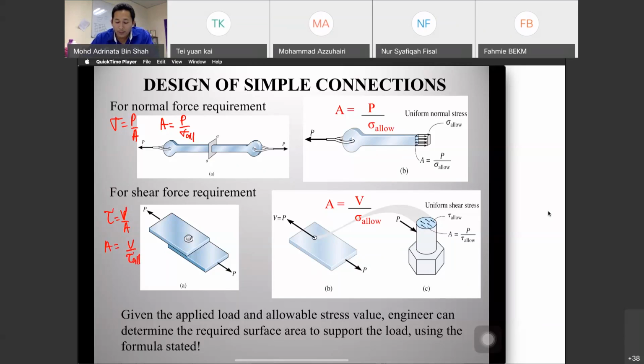Given the applied load on your product components, part, and allowable stress value, the engineer can determine the required surface area to support the load using the formula stated. How can you determine the allowable stress value?